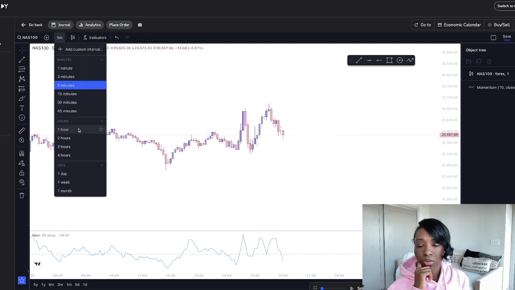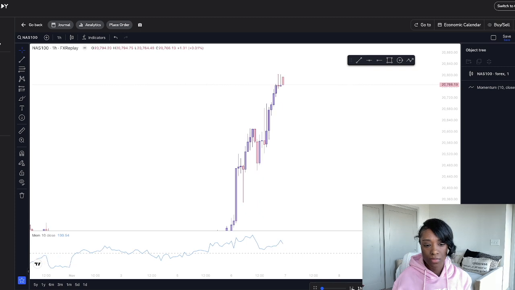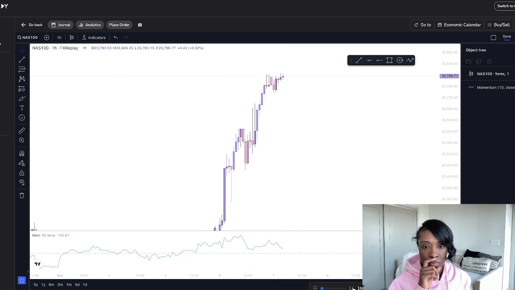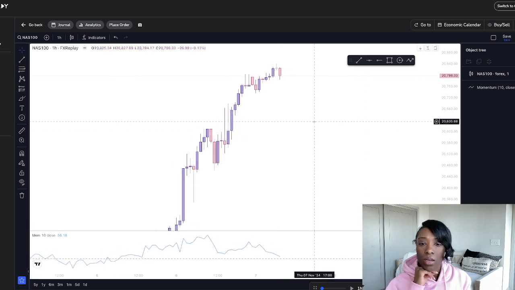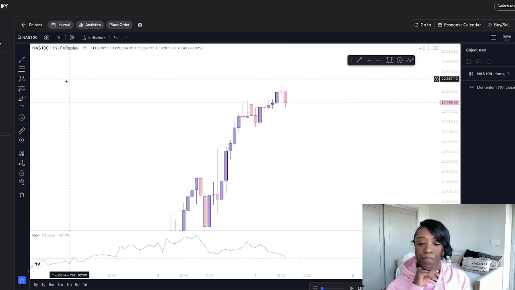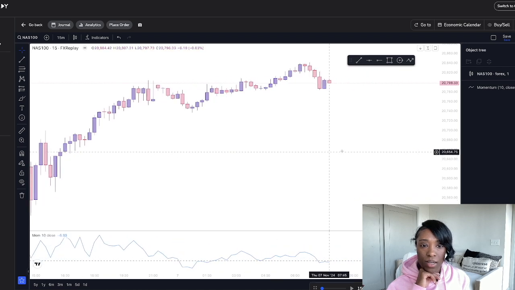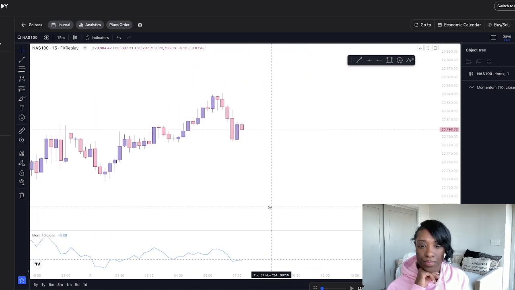So let's do 1 hour so I can get to the next day. We are headed back to that 0 area. So I'm going to go back to my 15-minute time frame and see if I can catch anything.